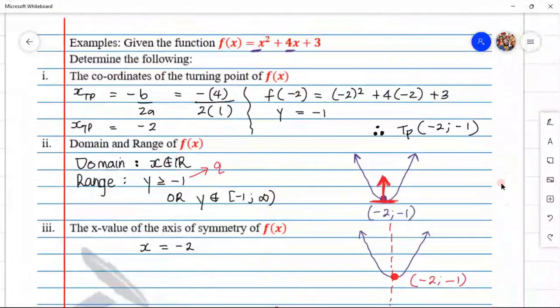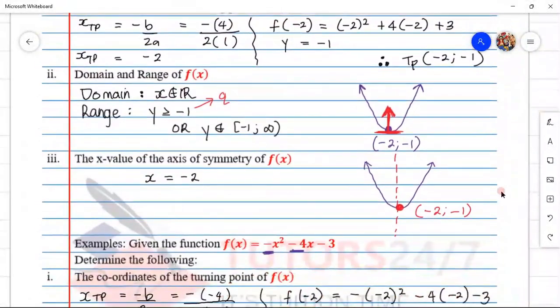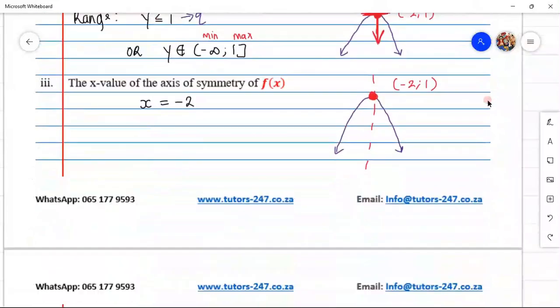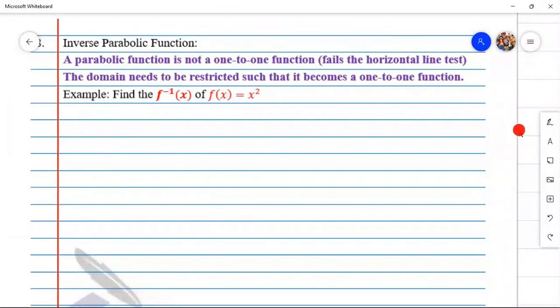Now, let's move on to inverse functions, inverse parabolic functions. So let's start by explaining how do we find the inverse of a function. So we've got two steps whenever we are finding the inverse of a function.